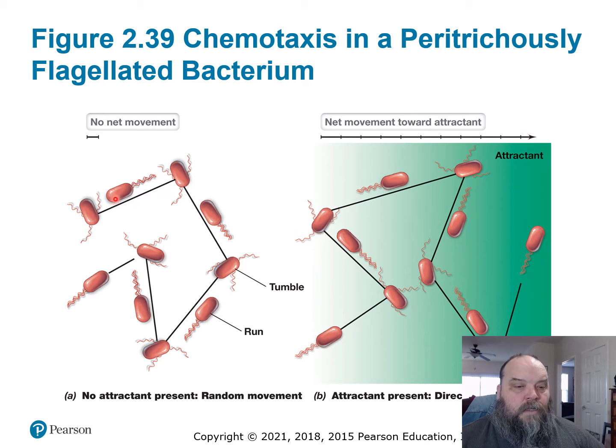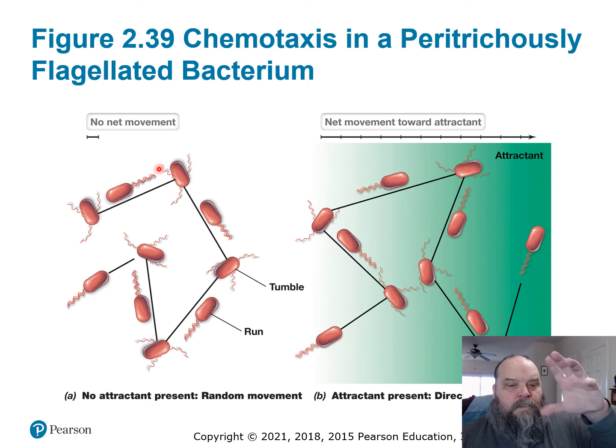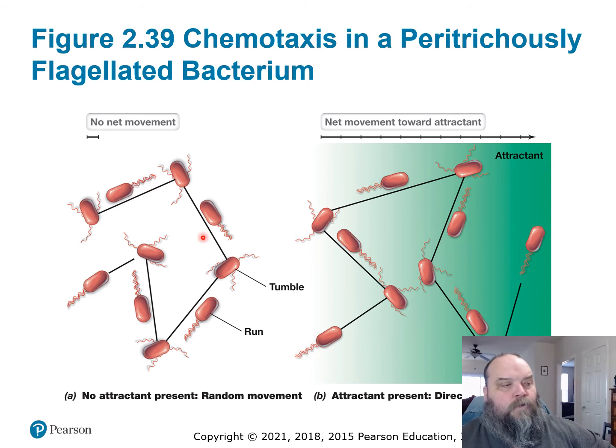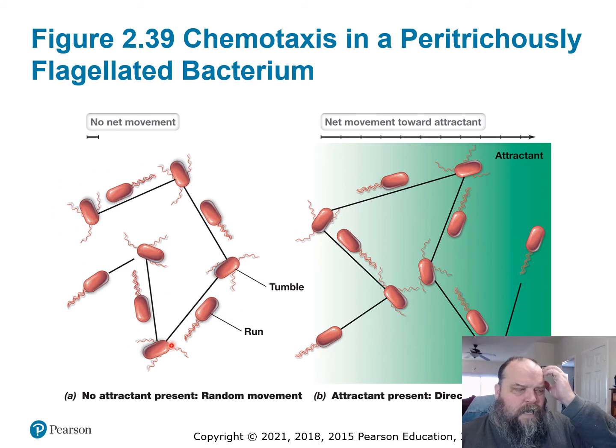Random runs as the flagella pull it along, flagella stop, it tumbles, moves around in three-dimensional space in the liquid, and then kicks in again. Boom, runs, tumbles, runs, tumbles, runs, tumbles, and it'll just keep doing this. And it's staying in the same general region, unless there's an attractant. Run, tumble, run, tumble.